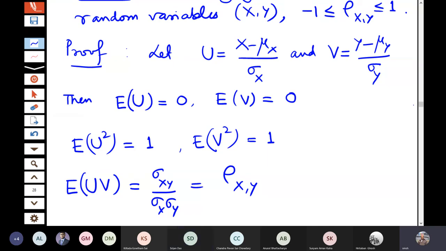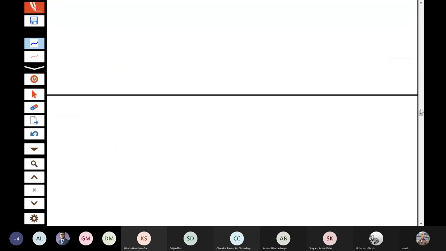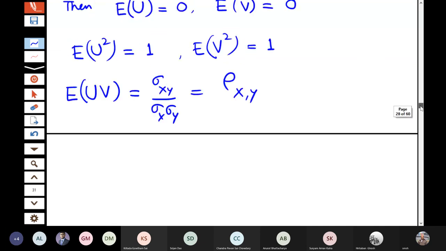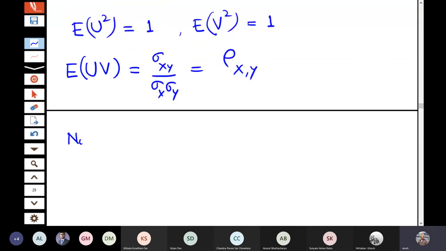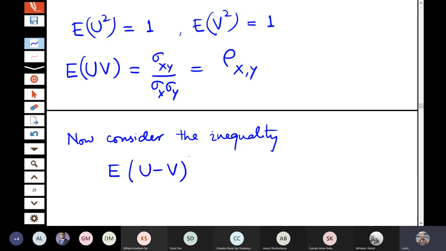Now let us consider expectation of u minus v whole square greater than or equal to 0. See, u minus v whole square is a non-negative quantity, so its expectation will be non-negative.